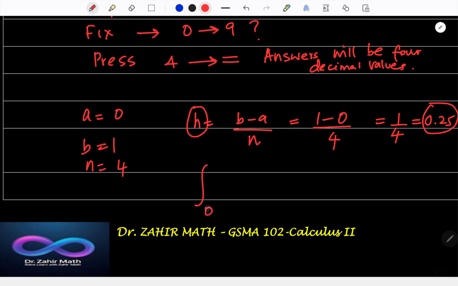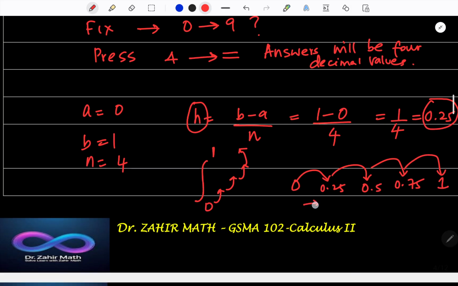So starting is 0, ending is 1, and you have to jump 0.25 each time to reach 1. How will you jump? 0, 0.25, then 0.5, then 0.75 and then 1. That is 1, 2, 3 and then 4 intervals, so n is equal to 4.